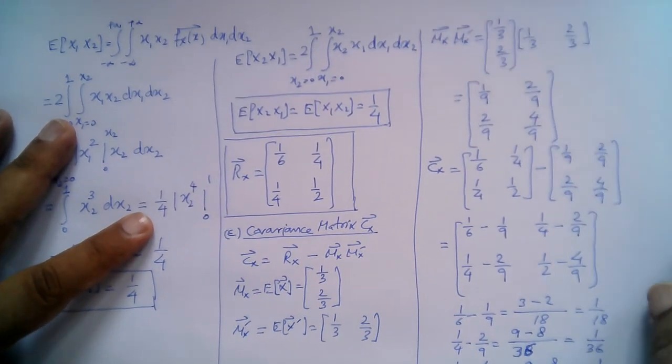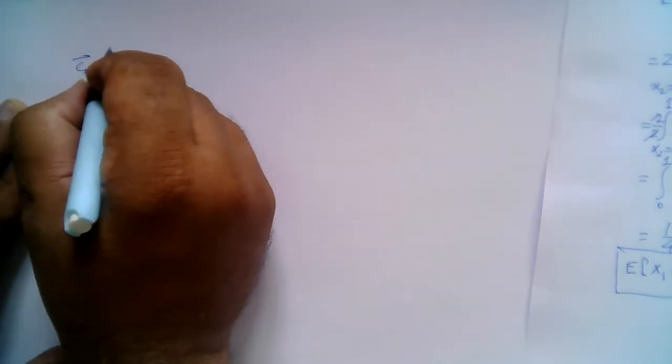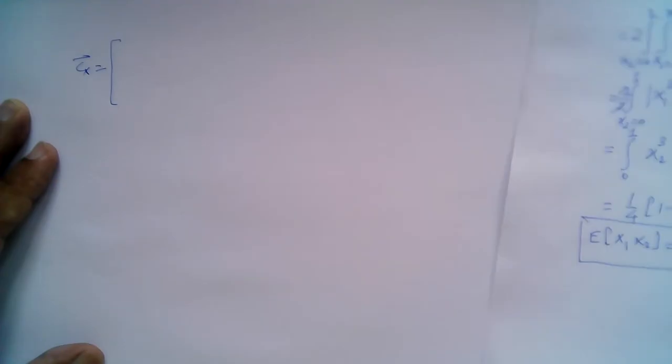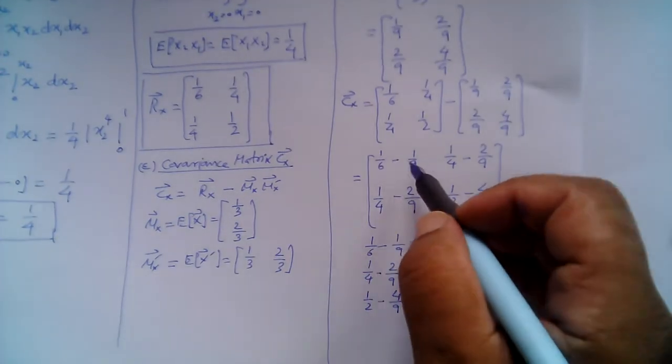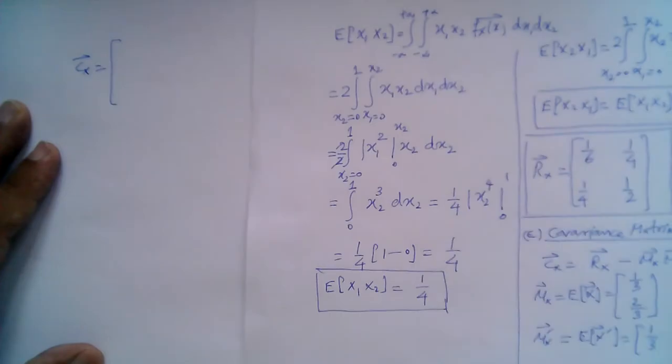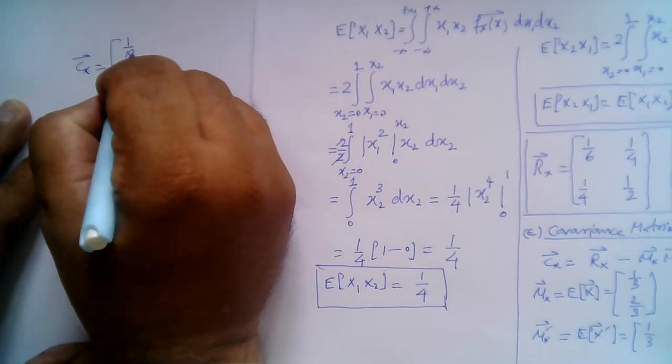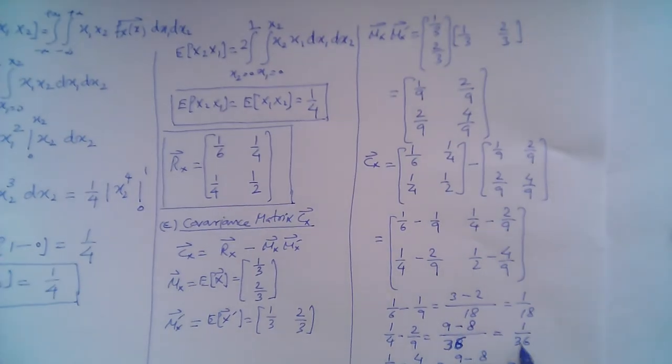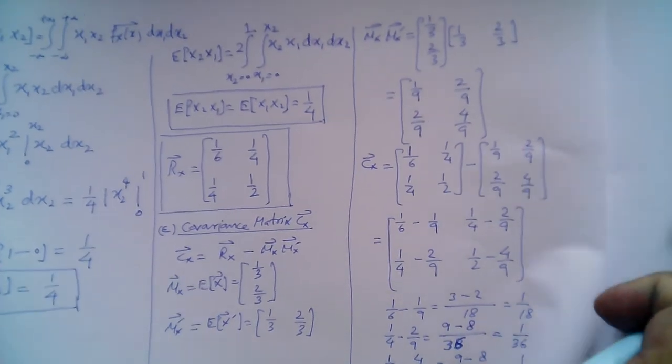So we can write down the covariance matrix. So the covariance matrix is given by, now 1 over 6 minus 1 over 9 was found out to be 1 over 18, right? So this is 1 over 18 here, the first entry. The second entry, 1 over 4 minus 2 over 9, was found out to be 1 over 36.